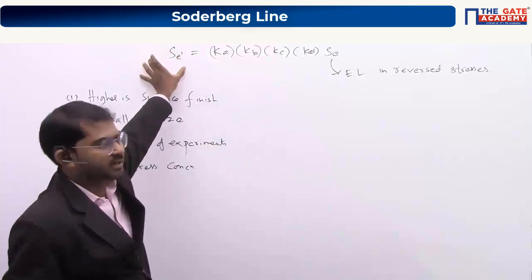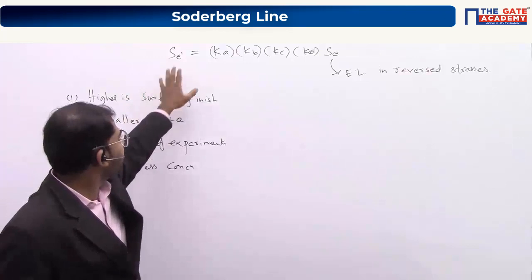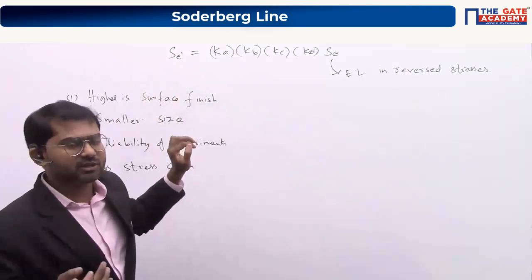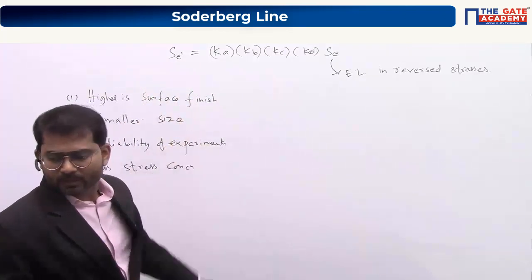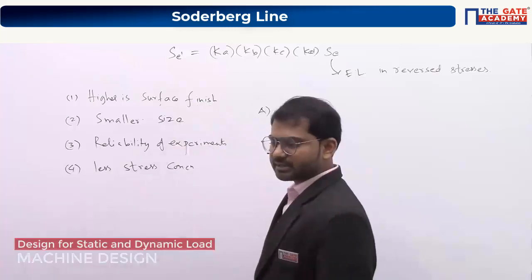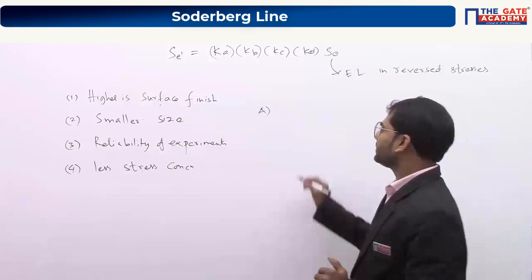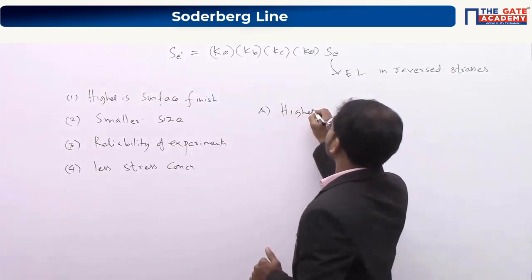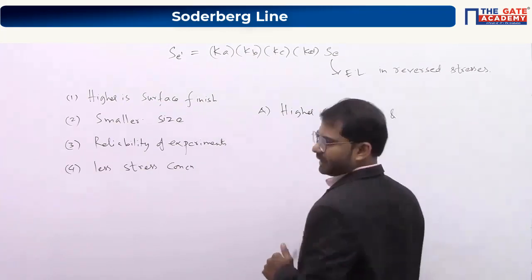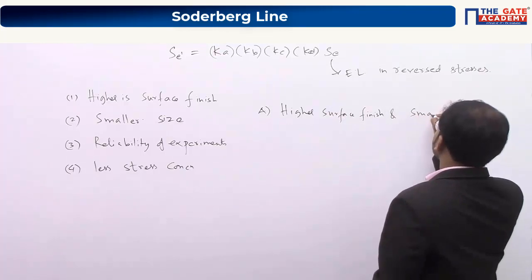This value should decrease, which means these effects should decrease, because the better these effects are, the higher the value of the corrected endurance limit. Let's check an option which decreases these effects. Option A: decrease in surface roughness means higher surface finish, and decrease in size of the component means smaller size.